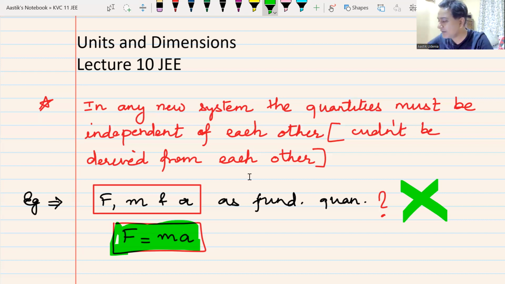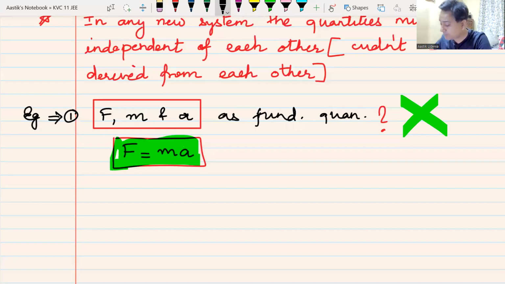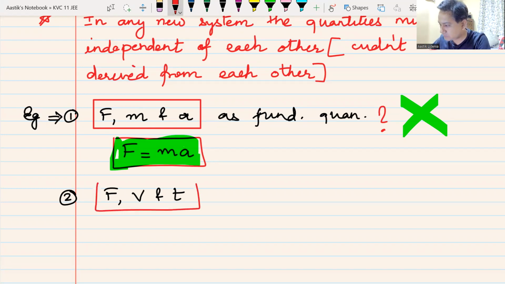Let me give you another example. This was example number 1. Example number 2, let us say. Can I have a fundamental system in which I have F, V, and T as my fundamental quantities?